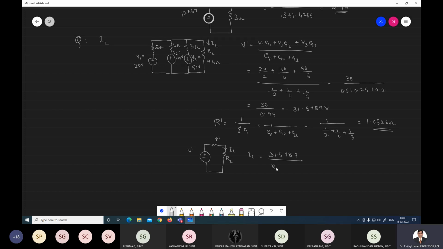R dash is 1.0526 plus RL, and RL value given is 9.4. After simplification, we'll get 3.0211 amps. This is the answer.